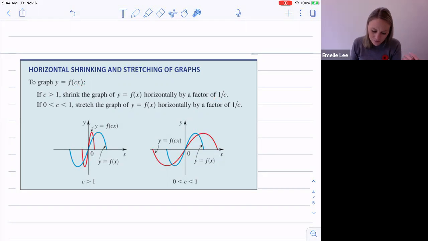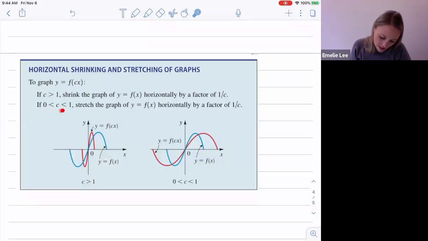So if you have f of 2x, then what happens is you're going to shrink it horizontally, like an accordion, by a factor of 1/c. So by a factor of 1/2, if we're talking about c equals 2, for example.